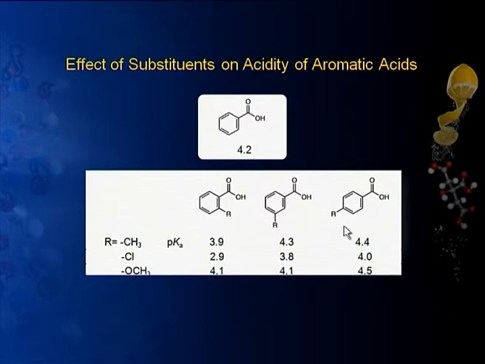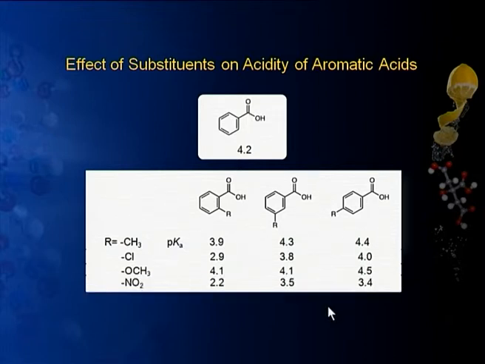So, this becomes less acidic than simple benzoic acid with a pKa value of 4.5. Nitro. Nitro is a strong electron withdrawing group by a resonance effect as well as by inductive effect, and it may be present at any of these positions. The acids are stronger than simple benzoic acid.